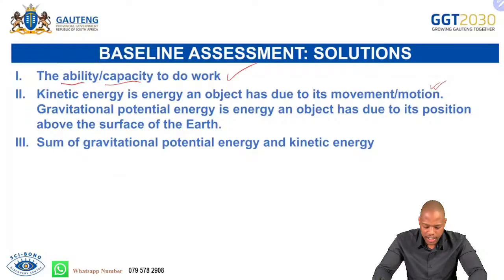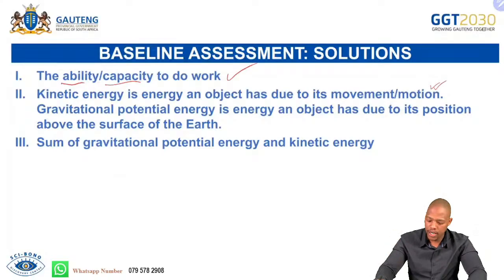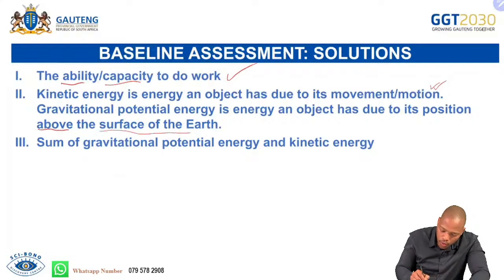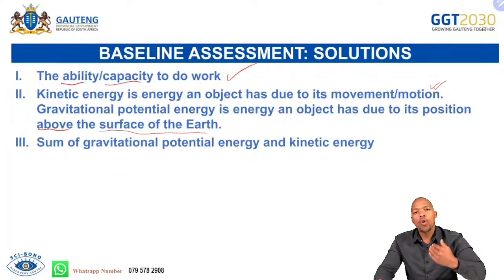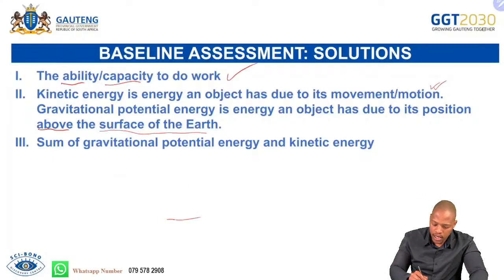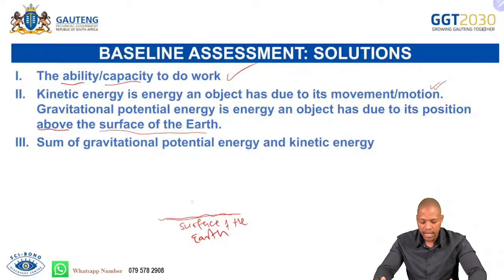Okay, while gravitational potential energy is the energy an object has due to its position above the surface of the earth. This is the energy that an object will possess due to its position above the surface of the earth. If this is our surface of the earth, the ground, once the object is above the surface, it will start possessing this energy called gravitational potential energy.